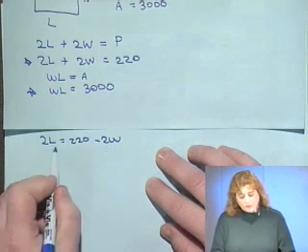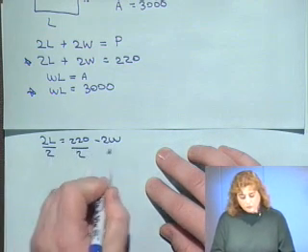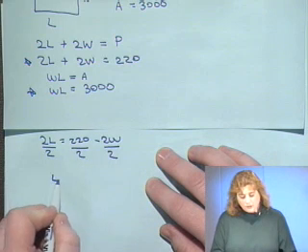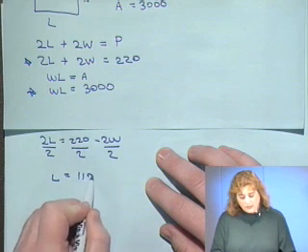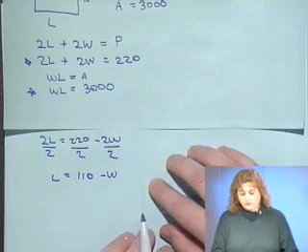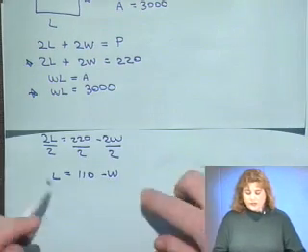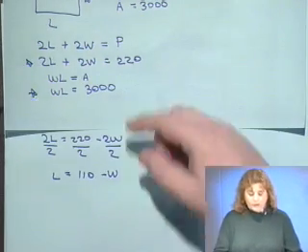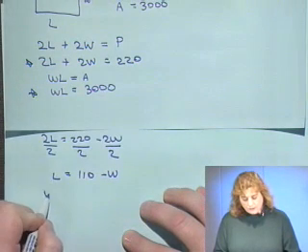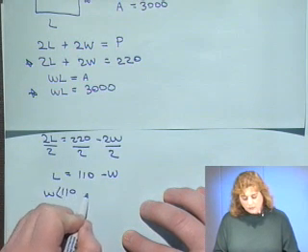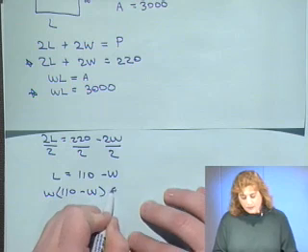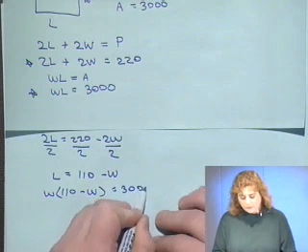And then I'll divide everything by 2. So L is equal to 110 minus W. This I'll then substitute into the equation for area. So W times 110 minus W equals 3,000.